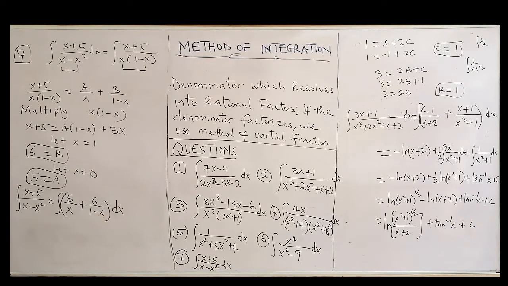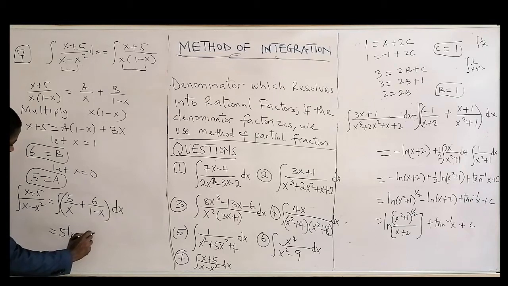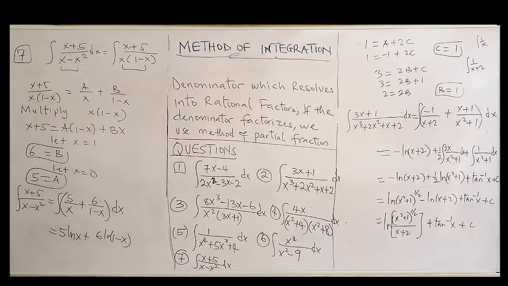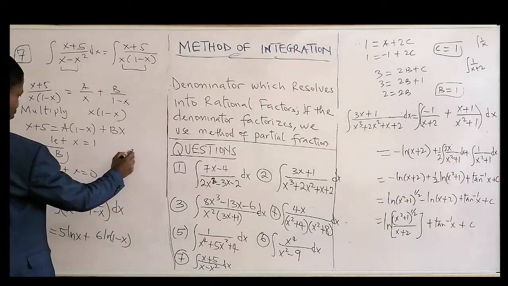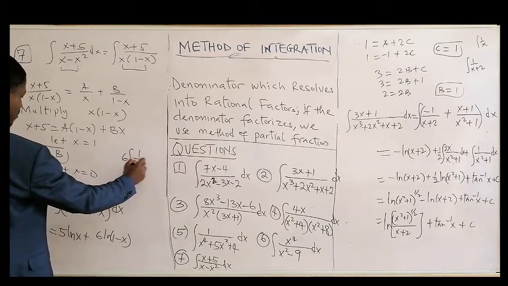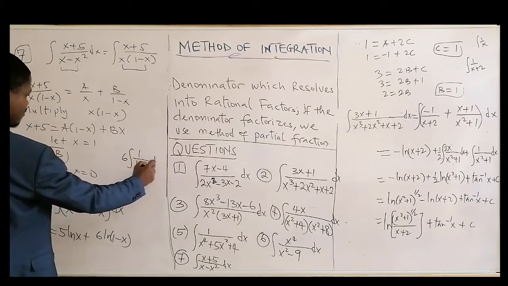So that's what we have there, and that will be equal to 5 ln x plus 6 ln of 1 minus x. But we must be very careful. We need to divide by these minus, so this will change to negative here, and I'll tell you why. Just take this one for example. You have 6 can go outside. Then you have 1 over 1 minus x dx.